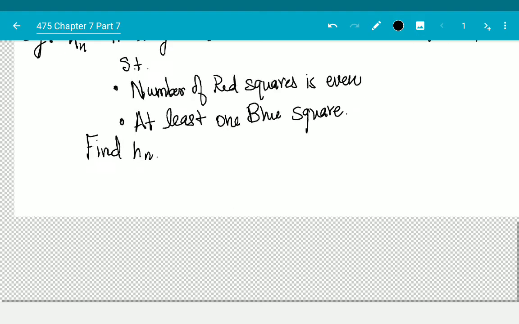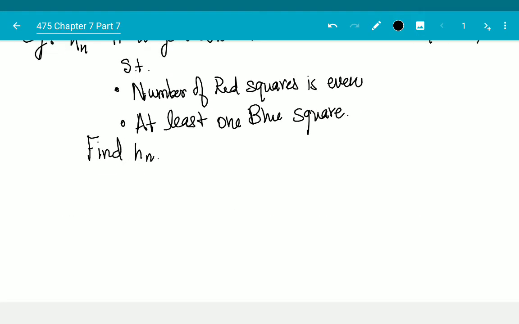And once again, this is going to be painful to find just like that. So I am going to take the longer, roundabout way and use my general exponential generating function.